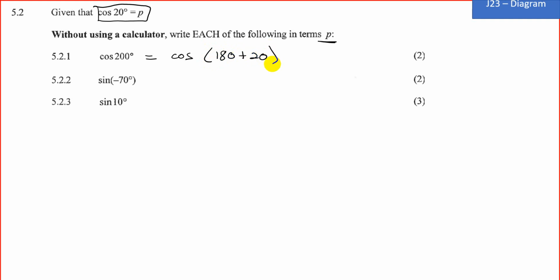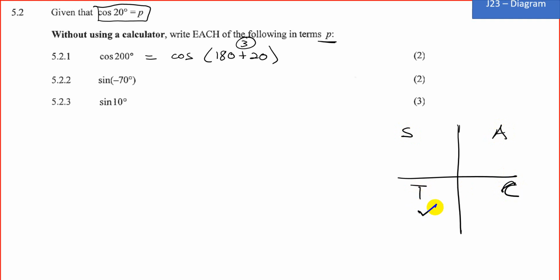And that is actually the reduction formula. 180 plus 20 is in the third quadrant. And if you remember your cast diagram, C, A, S, T, in our third quadrant, which is 180 plus 20, cos is negative.